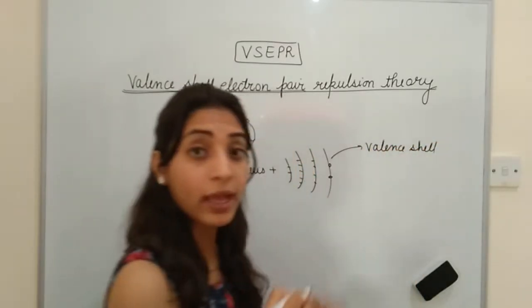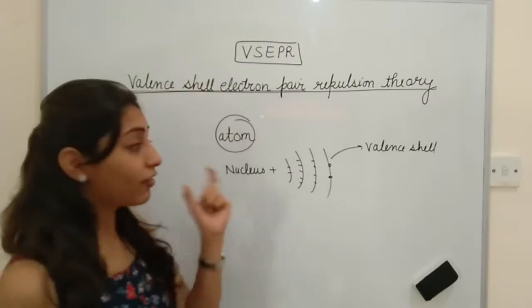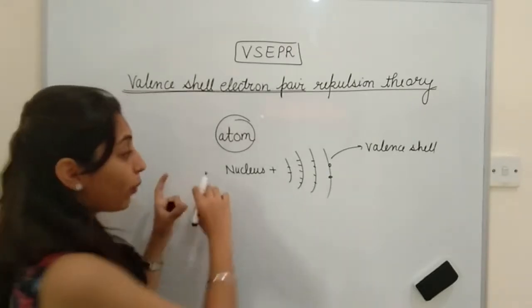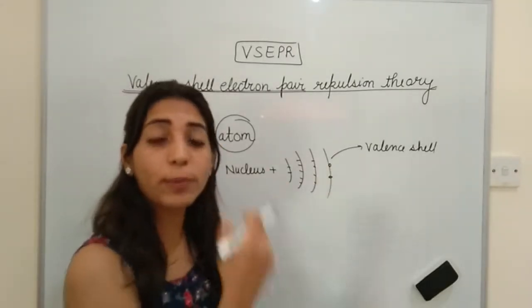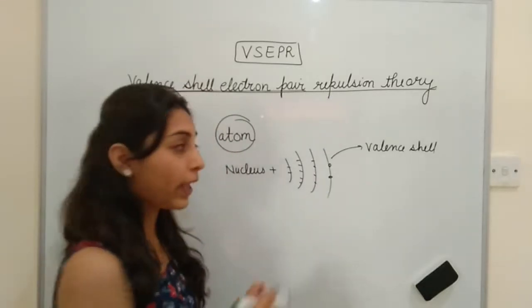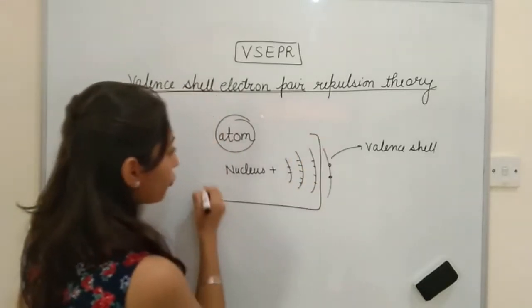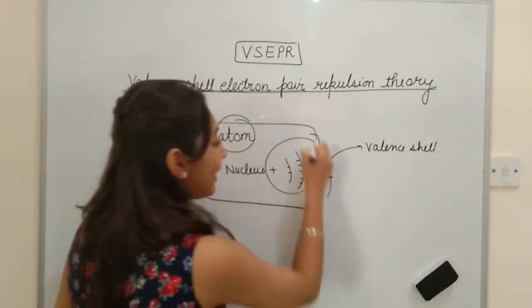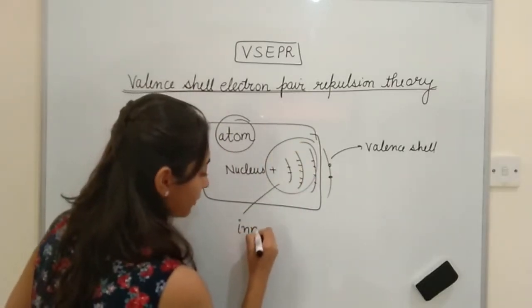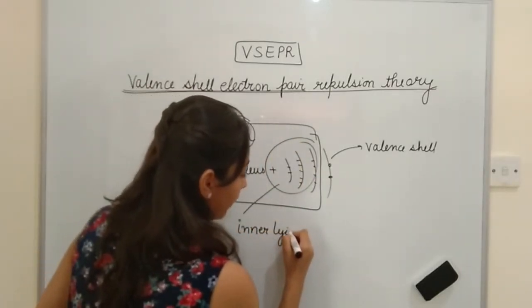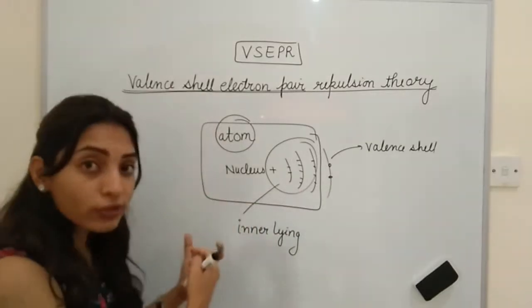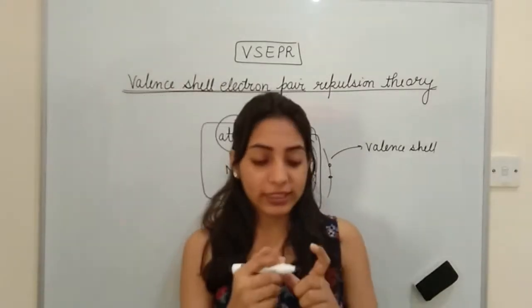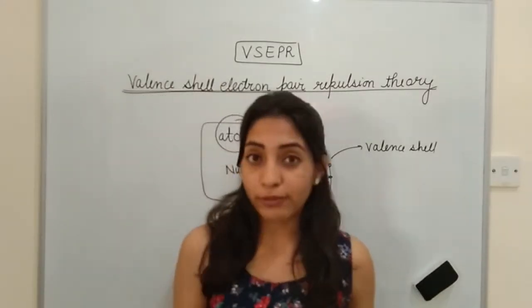Am I right? Now we studied this at the time of Lewis also, that when the atom is going to form a bond to any other atom, it is not going to use all the inner lying electrons. The electrons which are lying closer to the nucleus will not be used in participating for the bond formation.